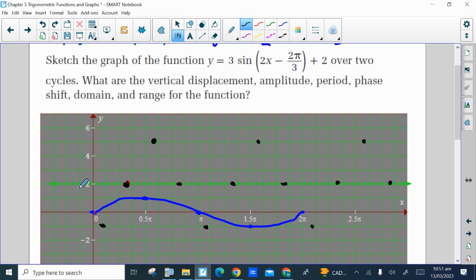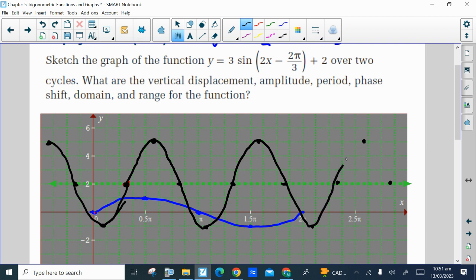Every time I go 2 units to the left, that's another critical point. Okay, so there's our graph.